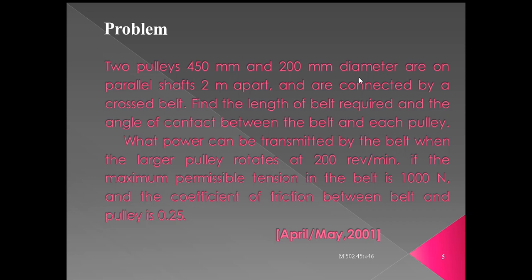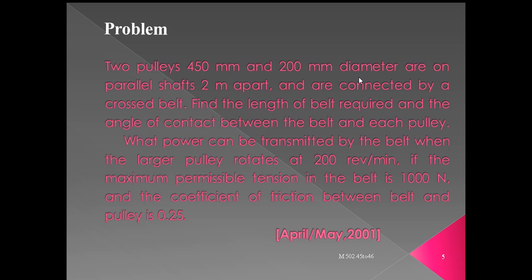Find the length of belt required and the angle of contact between the belt and each pulley. What power can be transmitted by the belt when the larger pulley rotates at 200 revolutions per minute, if the maximum permissible tension in the belt is 1000 newtons and the coefficient of friction between the belt and pulley is 0.25?